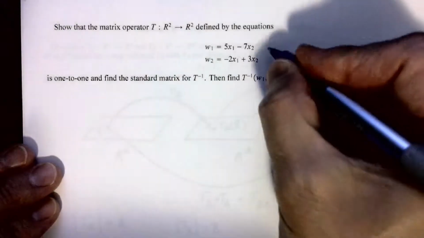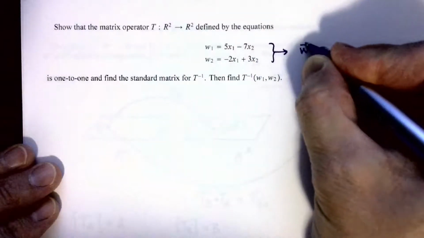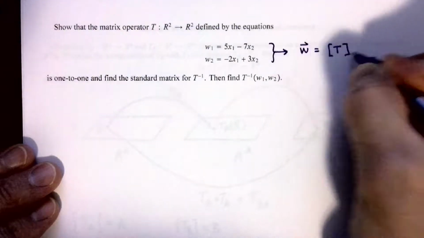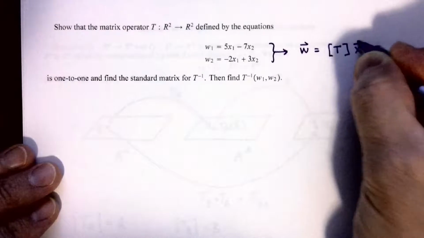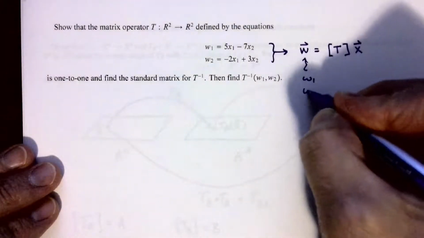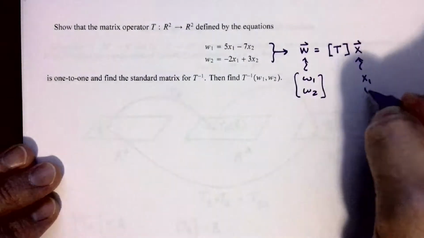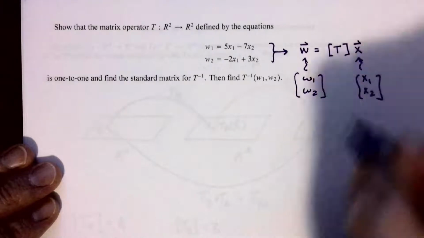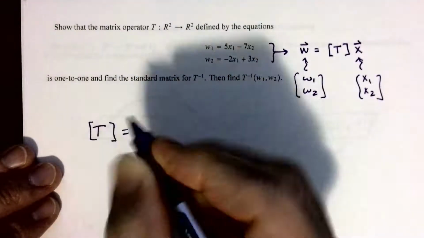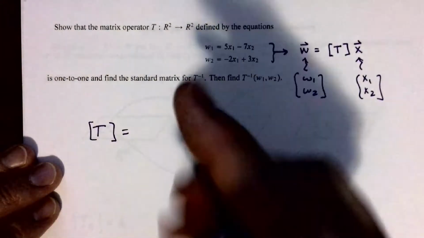This system is represented as the vector W equals the standard matrix for the transformation T times X. The W here is the vector W1, W2. X in this case is the vector X1, X2. So what's the standard matrix for this matrix operator going to be? It's just the coefficient matrix.